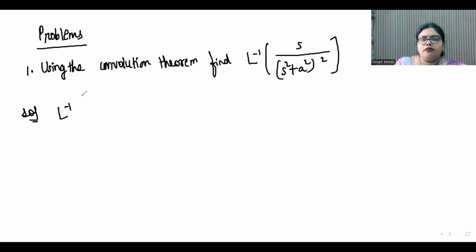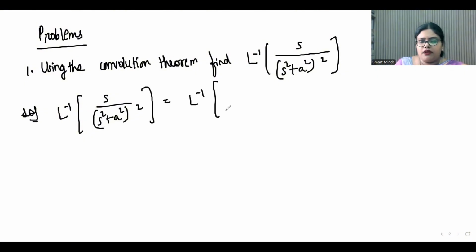Now see, L inverse of s by s square plus a square whole square can be written as L inverse of s by s square plus a square into 1 by s square plus a square.